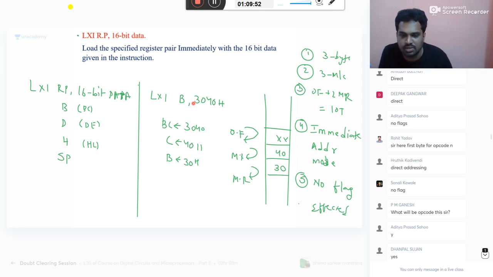Yesterday I gave the examples, now everything will come into the picture. So remember logically, LXI: load immediately the register pair. This code name is just for easy understanding, it is not for the computer, it is for us only.